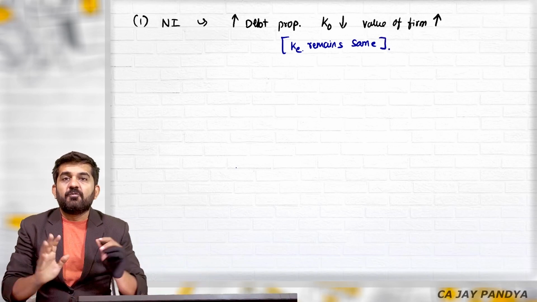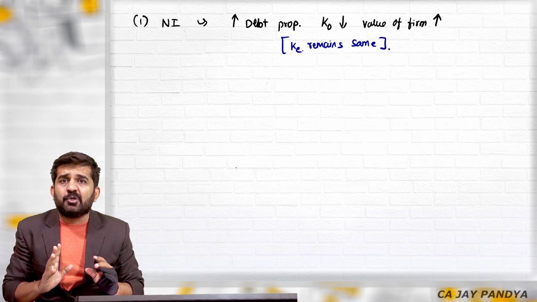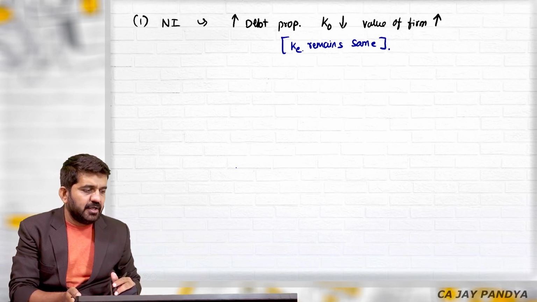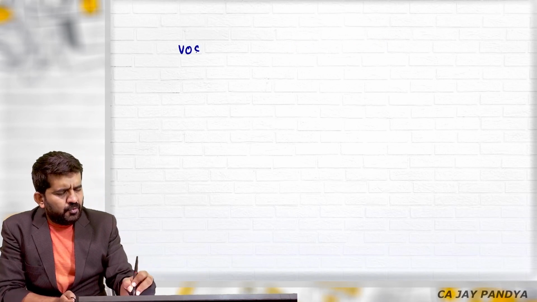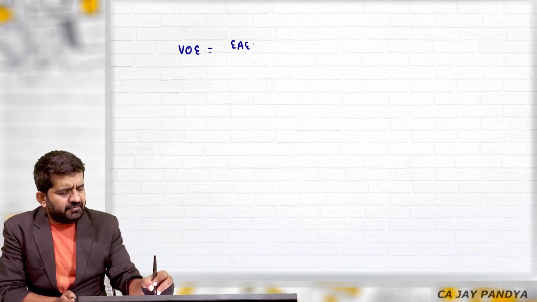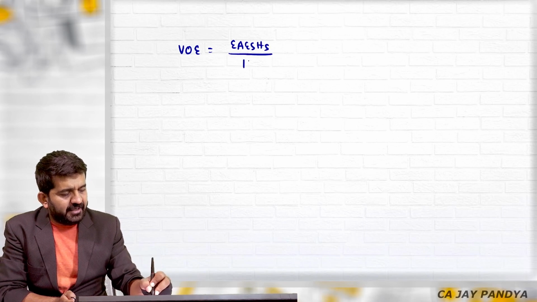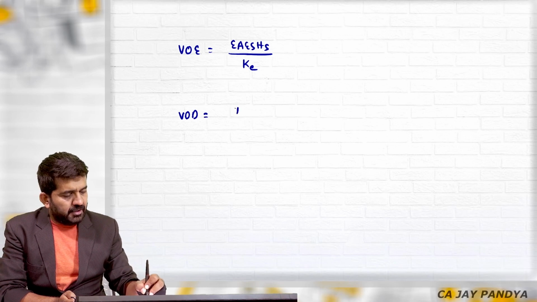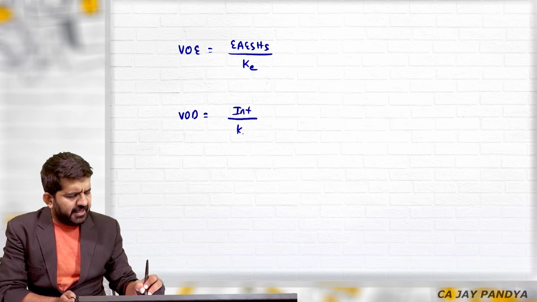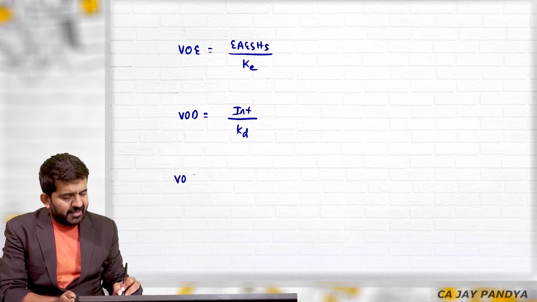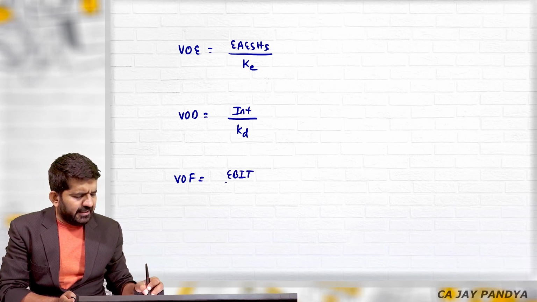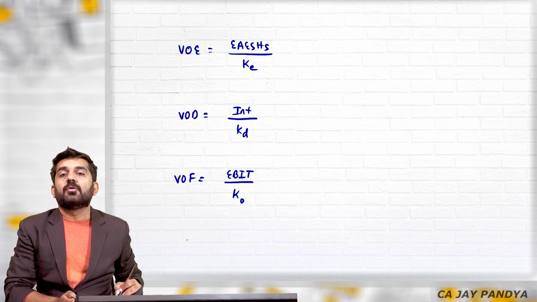Which are the basic formulas which can be used in net income, net operating income, and Modigliani Miller? In all three, we can always use these formulas. Value of equity is earnings available to equity shareholders divided by KE. Value of debt is equal to interest divided by KD, and value of firm is equal to EBIT upon KO.